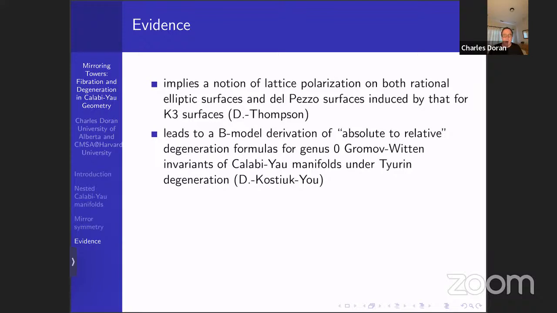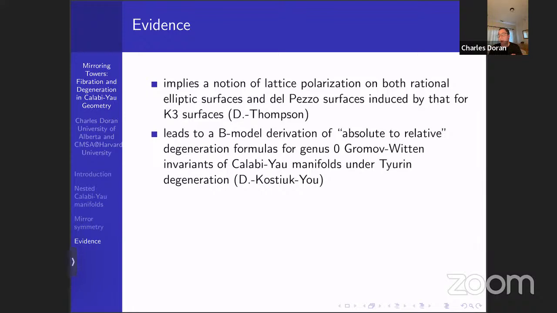Working with my former student, Jordan Kostiuk, and Fenglong Yu, who's an expert on relative Gromov-Witten invariants, we were able to show that there is a formula for such invariants on the enumerative side that is merely a direct application of a very simple operation on the B-model side, on the gluing side.